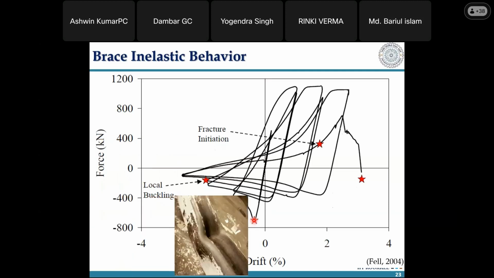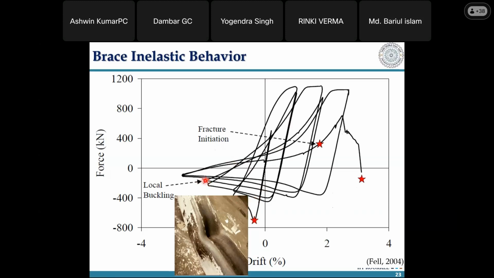Then comes the local buckling, which happens at a later event. Even if the section has, let's say, a higher D by T ratio or higher B by T, the compactness ratio is not good but very bad, global buckling happens first and later, due to cycles, you can understand, if you take a tube and bend it backward and forward, the local buckling event occurs at a much later point.